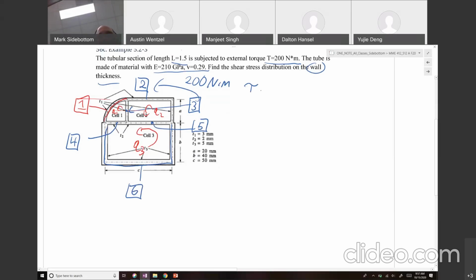Our shear stress would be equal to the net shear flow divided by the thickness of the wall. So for tau 1, there's only Q1, the only shear flow it's experiencing, divided by T1. Tau 2 would be equal to Q2 divided by the thickness T1 of that wall.